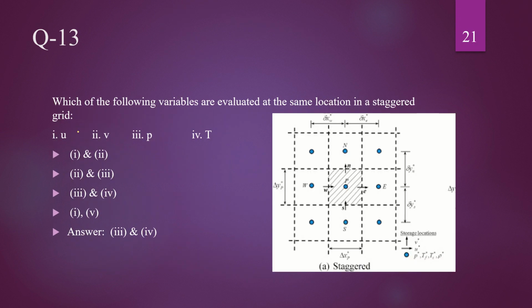Now we'll move on to question 13. In question 13, it is asked which of the following variables are evaluated at the same location in a staggered grid.